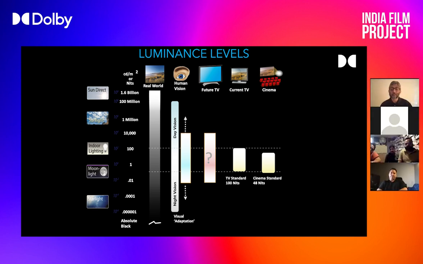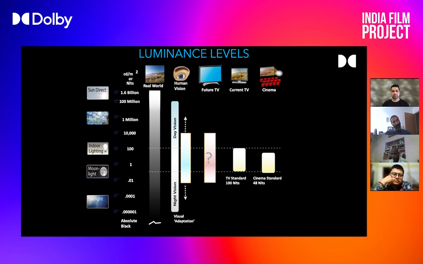But our aim was to create a future display technology that could be comparable to what our eyes can natively fit in terms of the range. And that is how we developed Dolby Vision, a technology which caters to this range of about 10,000 nits of brightness range.